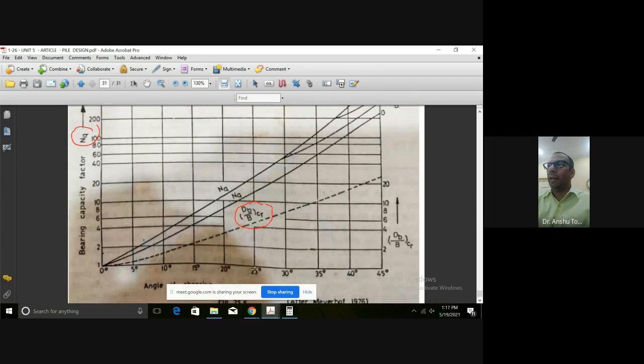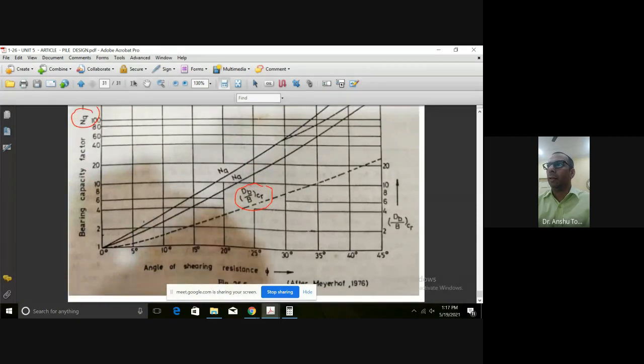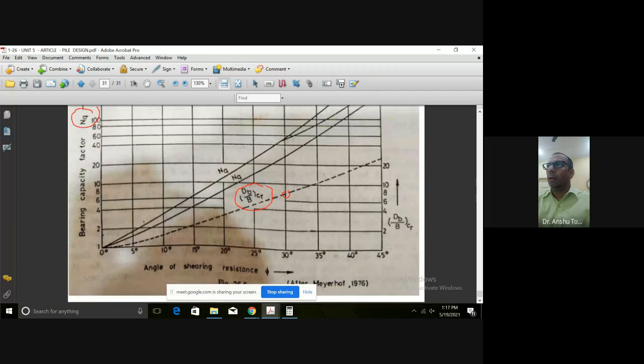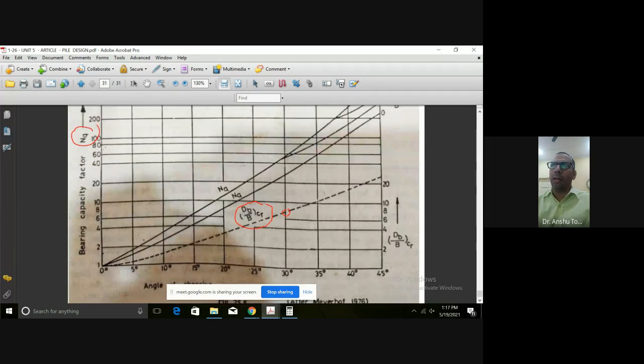Where you will be having an interpretation that phi is equal to 30 degree, it is coming here. Now, interpolating it, you can go here and you can find out NQ value. But you cannot find it if you have got NQ also, let us say you are having 10 as the NQ. So it is a kind of interpretation. Now I want to tell you that it all depends upon the given values in the question.